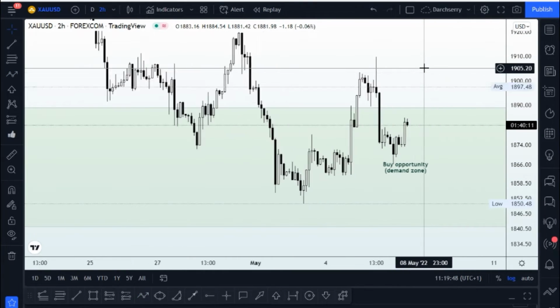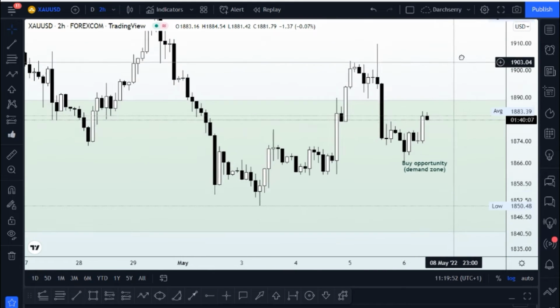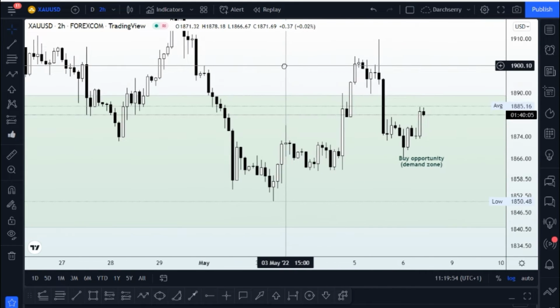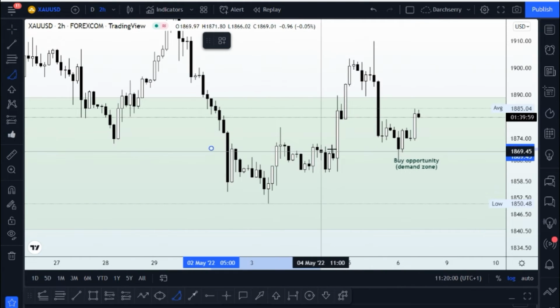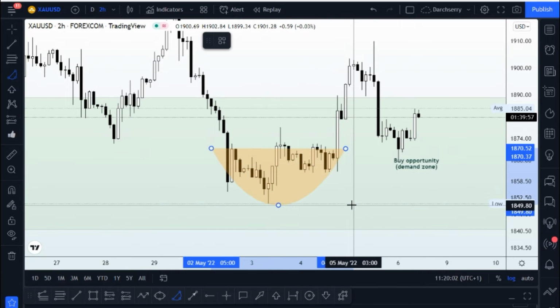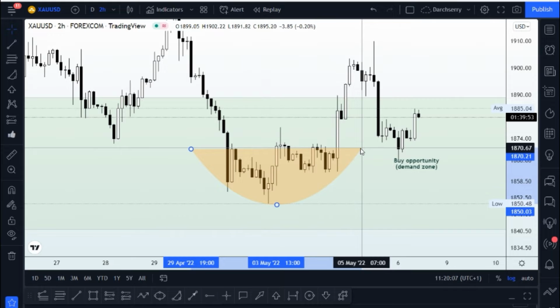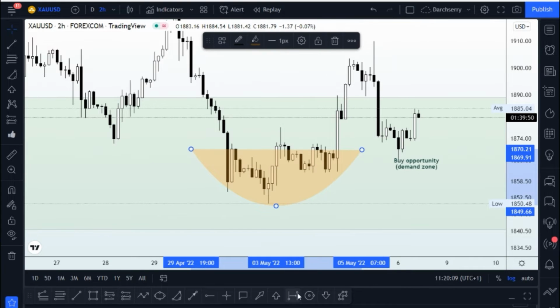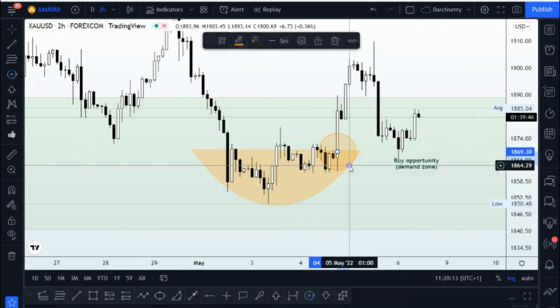Now to give you a visual representation of what I've been talking about, the first thing I saw on the 2 hours time frame is this reversal pattern that you can see at this point. And if I pull this out, we have something like this. We have this reversal pattern already confirmed with the breakout that happened yesterday. We saw the breakout of structure at this point.